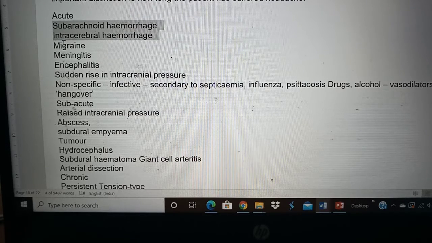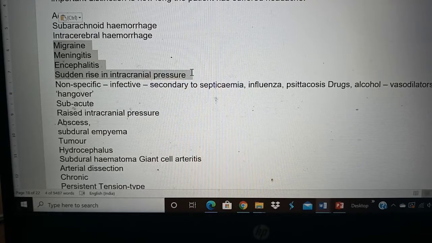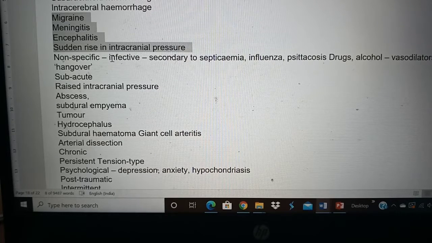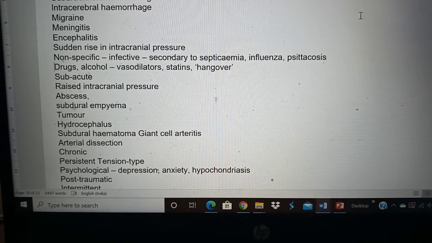The other causes of acute headache are migraine, meningitis, encephalitis, and sudden rise in intracranial pressure. It can also be due to infections, septicemia. It can also be due to drugs like alcohol, or a hangover. These are common causes of acute headache.